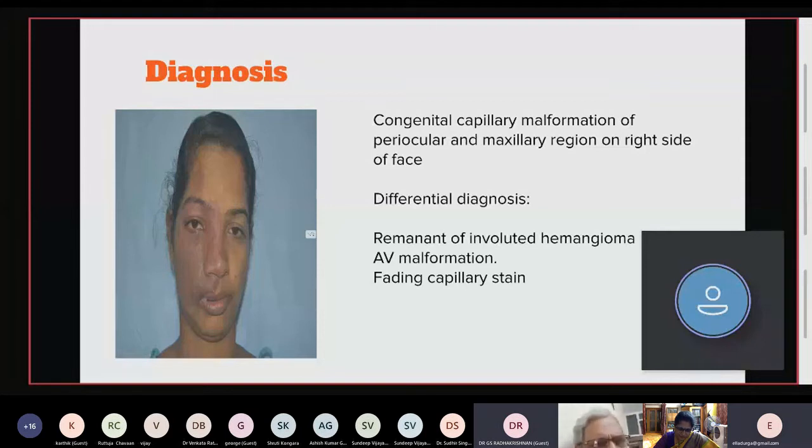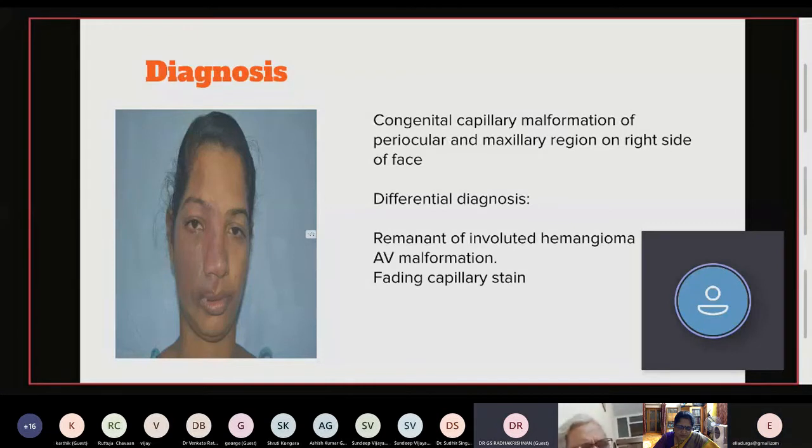So I would like to investigate to rule out Sturge-Weber syndrome with X-ray skull, and ophthalmic examination, fundus examination, and tonometry to rule out glaucoma, and I will also like to rule out other vascular malformations, sir.